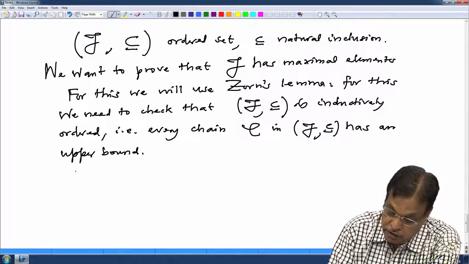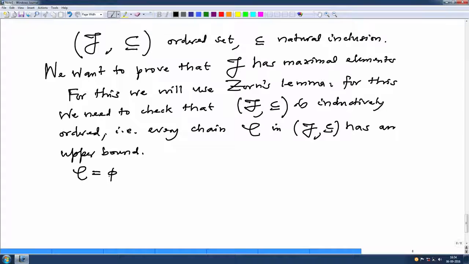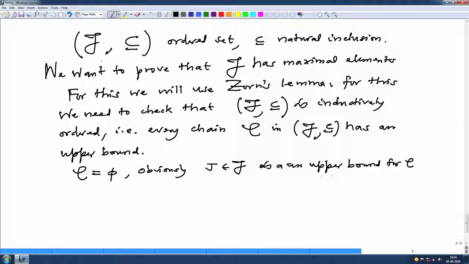Okay, so first let us take, suppose C is the empty chain. Then obviously the J which was given to us in the assumption is an upper bound for C. Note that upper bound just means it should contain every element of C. The elements of C are subsets.